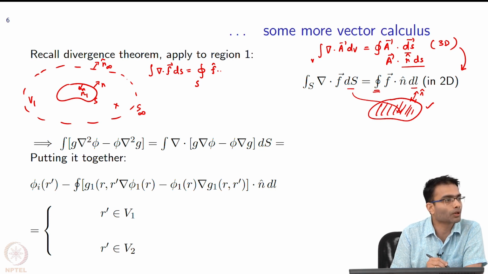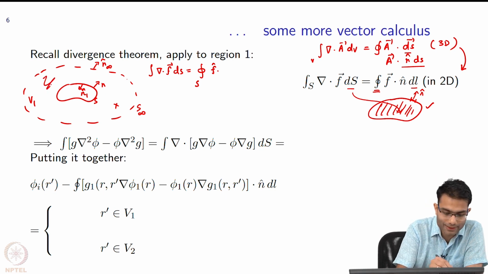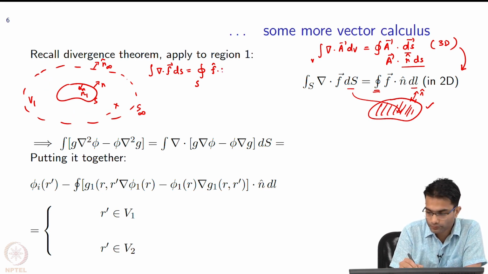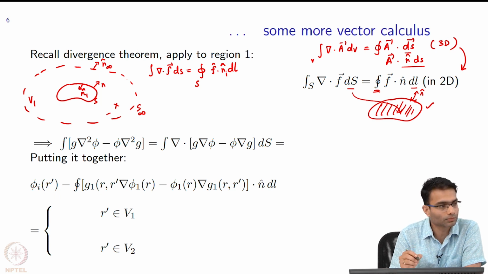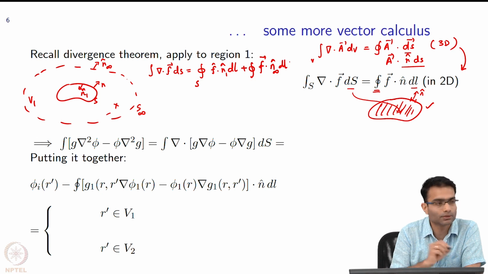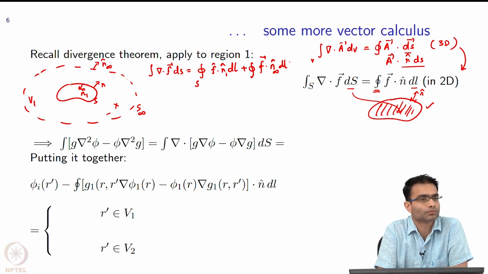N1, it is the outward normal, because I am looking at all the flux that is leaving this volume. So, this is n1, outward flux, plus f dot n infinity dl, just straightforward budgeting of the fluxes.